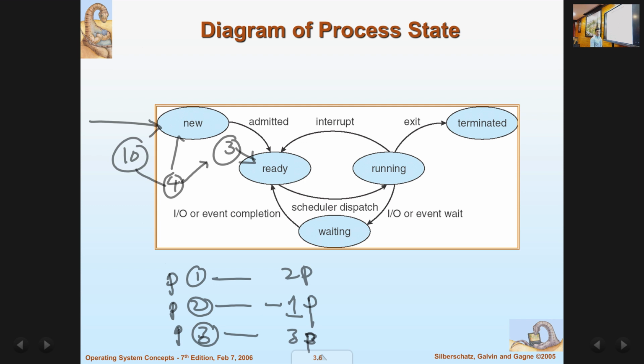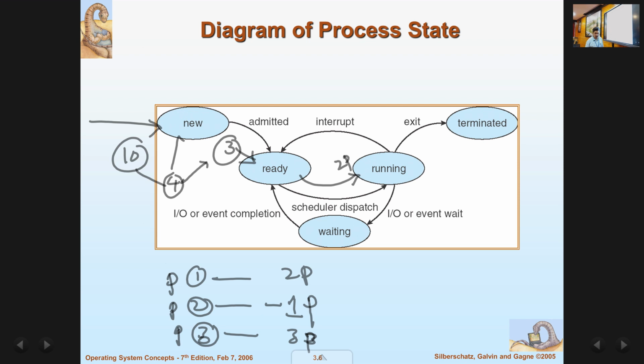That means process 2 has the highest priority. All 3 processes are ready and have all the resources required for execution, but out of these 3, the priority of process 2 is highest. So which process will be taken up for execution? Obviously, process number 2.